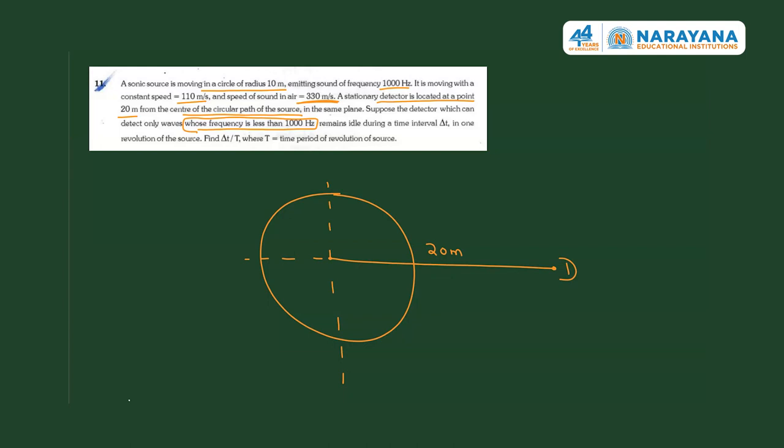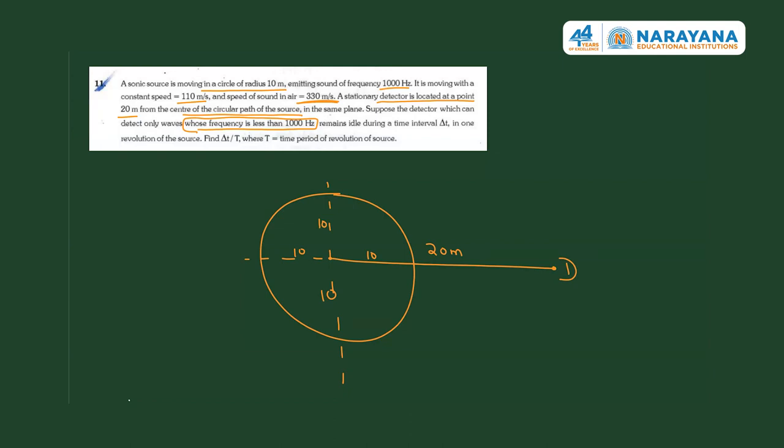So what are the important parameters? The radius is 10 meters, the distance here is 20. That point source is traveling at the speed of 110. Now the problem with these questions and the right idea, I'll explain.